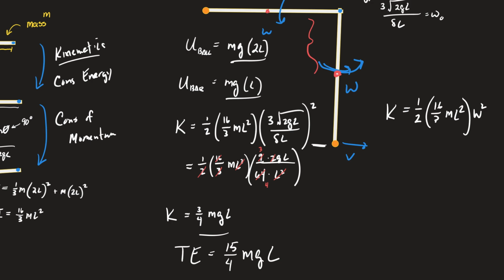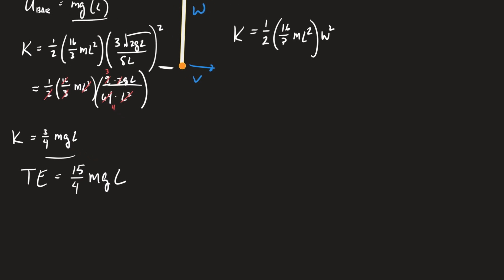So we'll do that next. Is that good with you guys? Okay, 15/4 mgL equals 1/2 times 16 thirds mL squared, and we want omega, so we're going to solve that for omega.